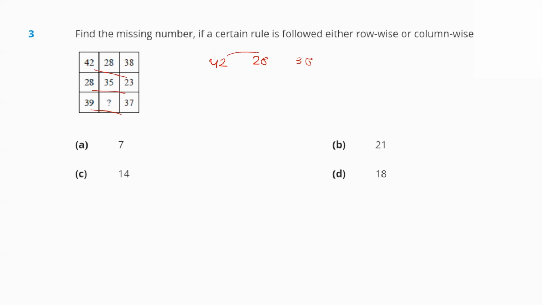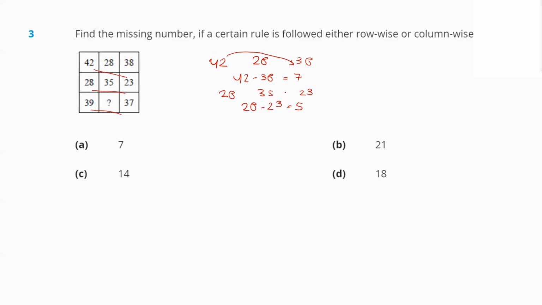If we subtract these, that is 42 minus 38, we get 4. Now next is 28, 35, 23. If we subtract this, we get 5.